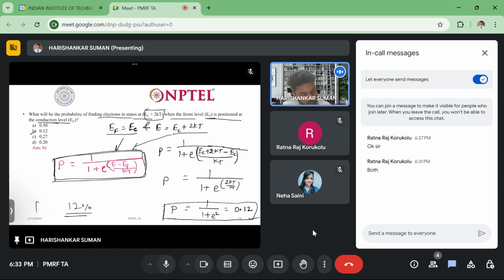And this is the probability of finding, the occupied probability of the electron. Not finding, so you can use 1 minus p.